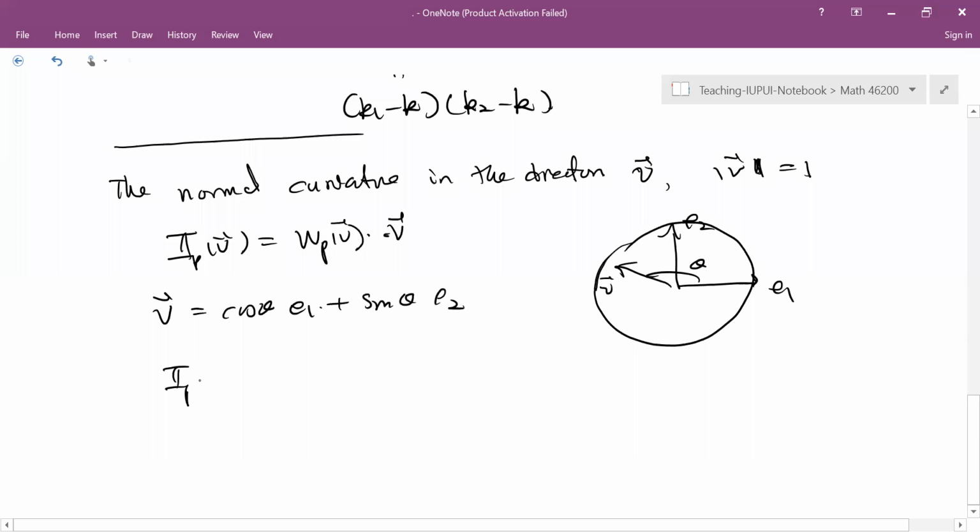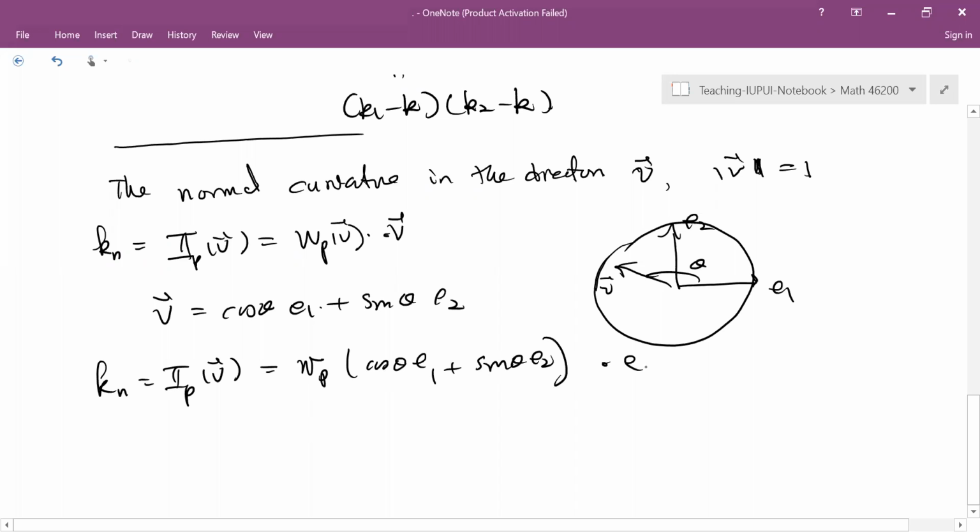Then the normal curvature is going to be W applied to cosine theta E1 plus sine theta E2, dotted with cosine theta E1 plus sine theta E2.